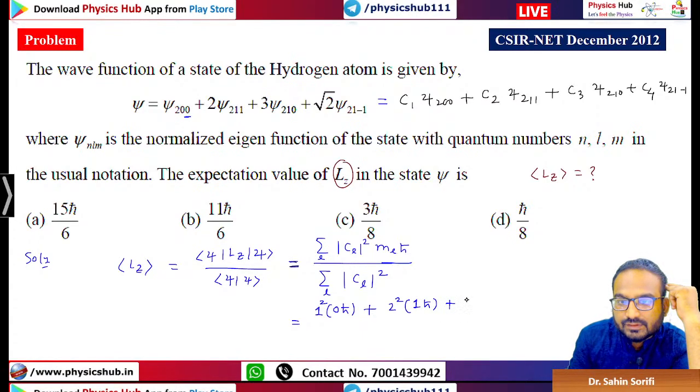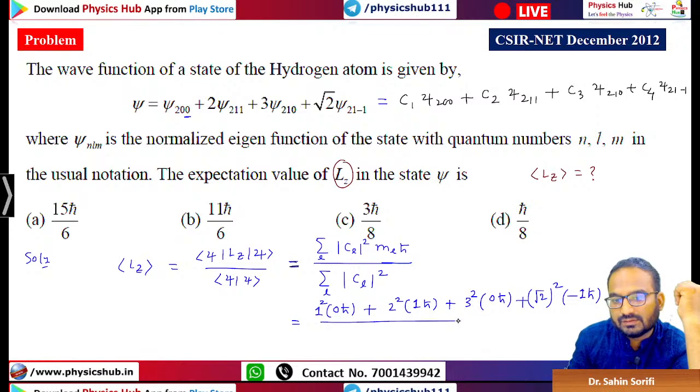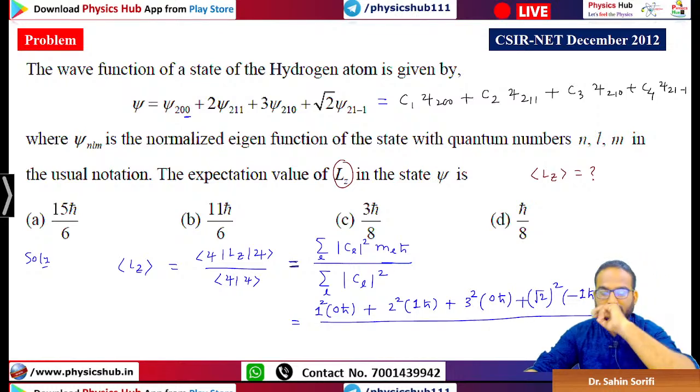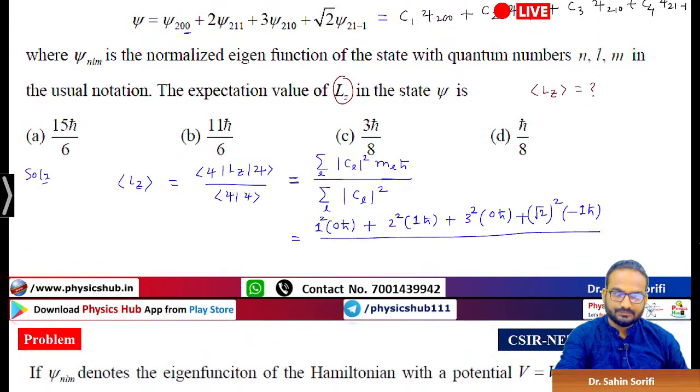Next 3 square. ML value 0 ħ. Root 2 square. ML value minus 1 ħ. Is it clear or not? Divided by 1 square plus 2 square plus 3 square plus root 2 whole square.